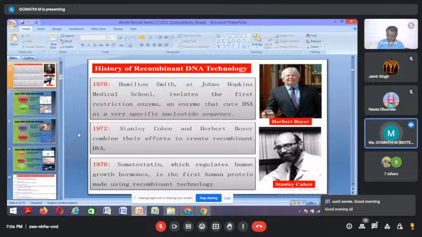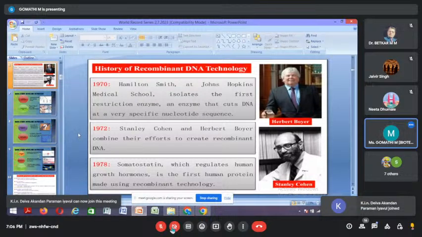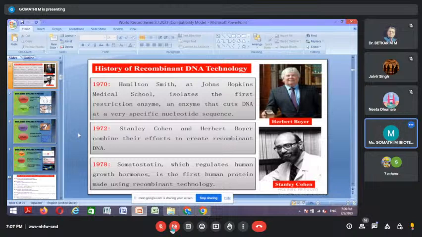In 1972, Stanley Cohen and Herbert Boyer combined their efforts to create a recombinant DNA, joining two different DNA molecules. In 1978, somatostatin, which regulates human growth hormone, was the first human protein produced by recombinant DNA technology.